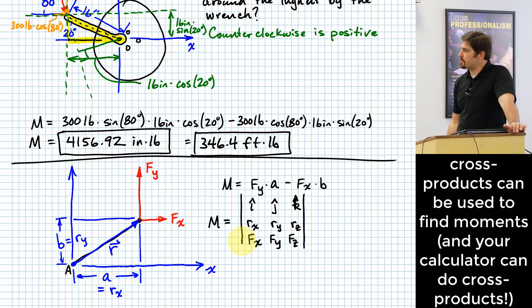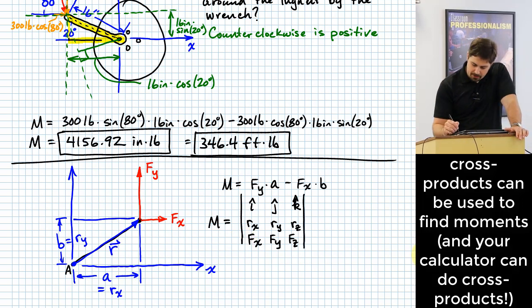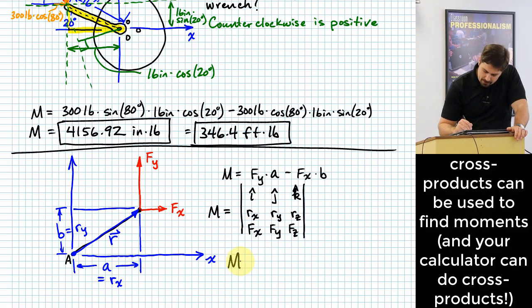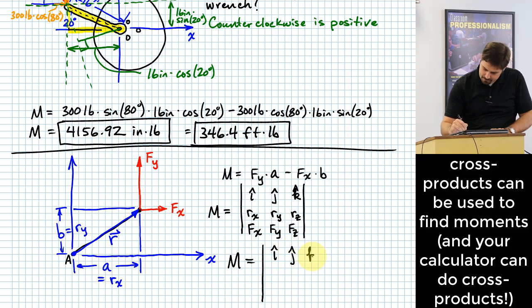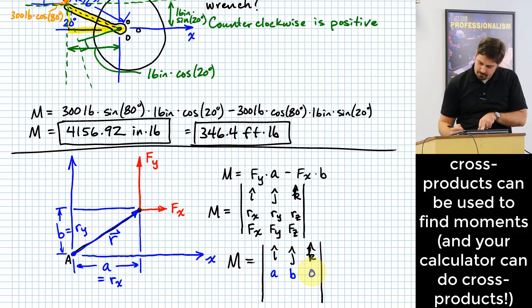Let me show you what that looks like for this particular problem. This is a 2D problem. So we still have i, j, k. What do we put in? Here we'll put in A, B, and 0.